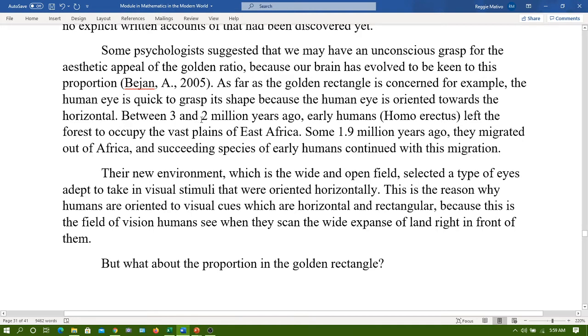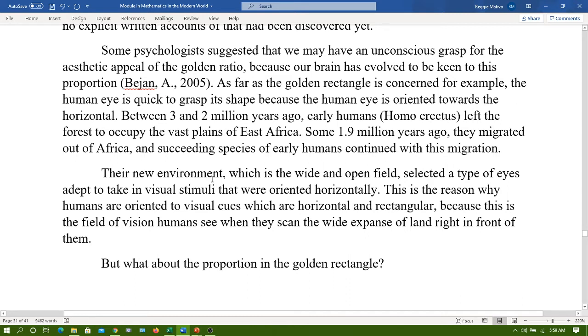Between 3 and 2 million years ago, early humans, Homo erectus, left the forest to occupy the vast plains of East Africa. Some 1.9 million years ago, they migrated out of Africa, and succeeding species of early humans continued with this migration.